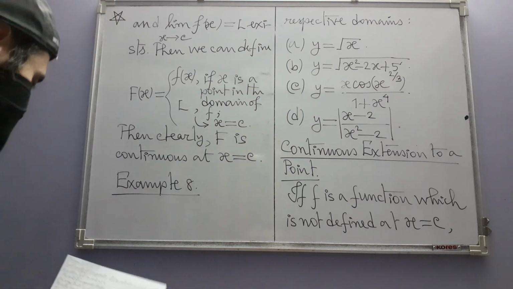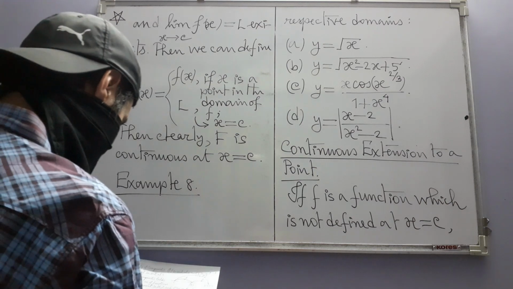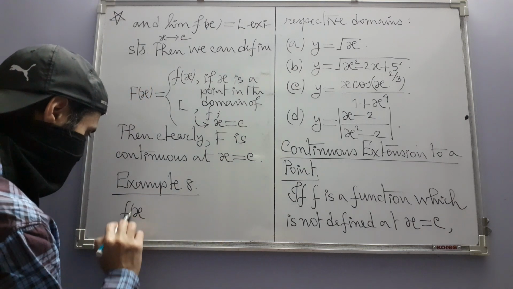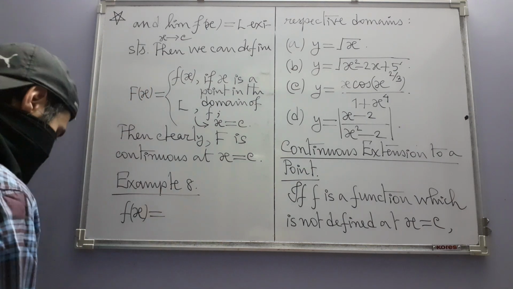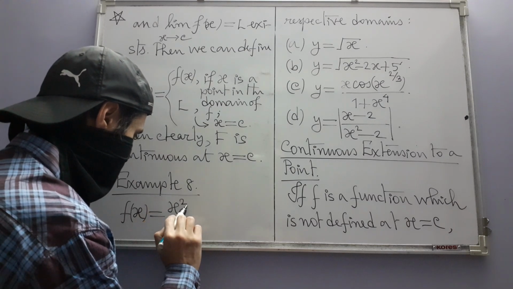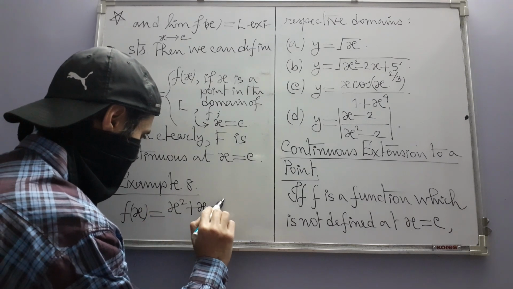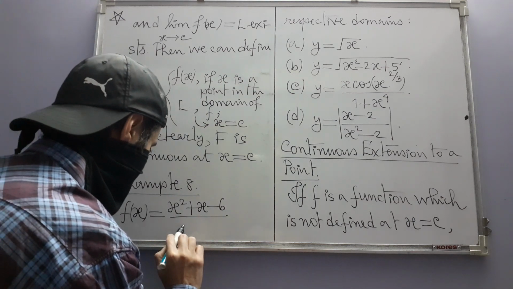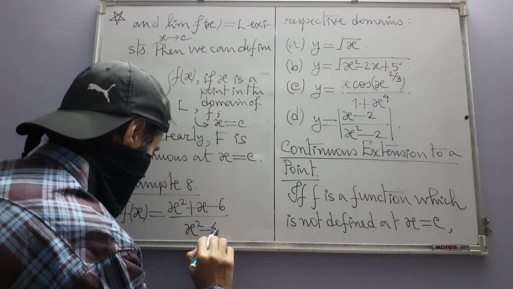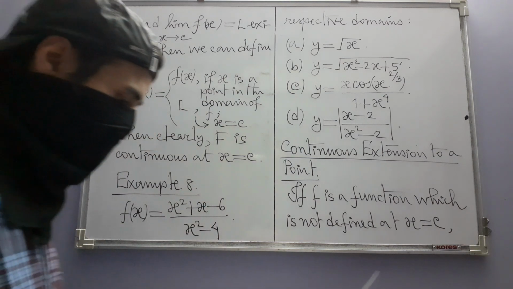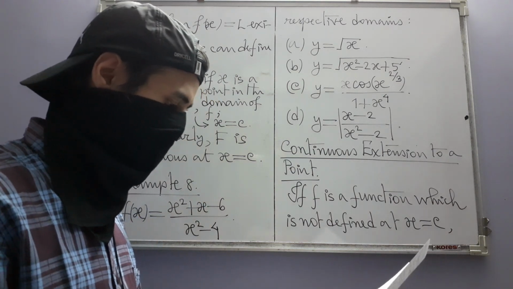So let us now look at this rational function. F of x equal to x square plus x minus 6 over x square minus 4. And well, it's in the form of a question actually.